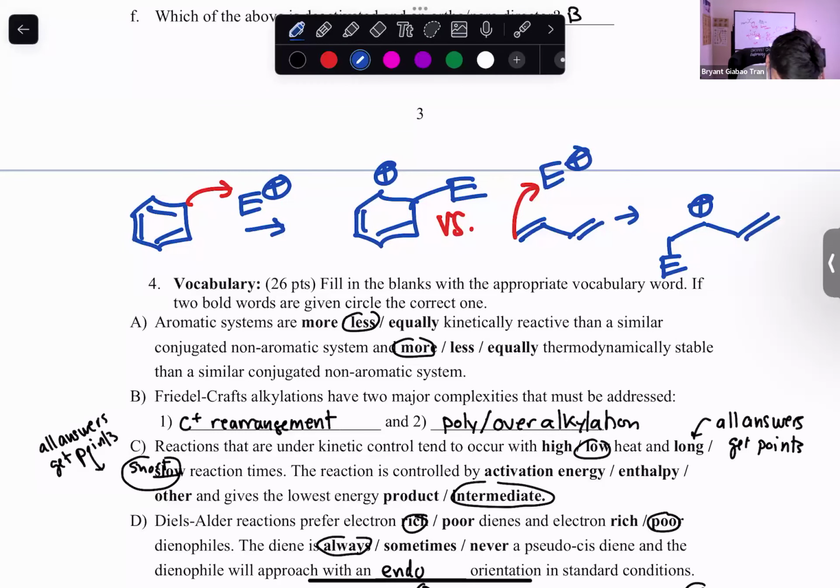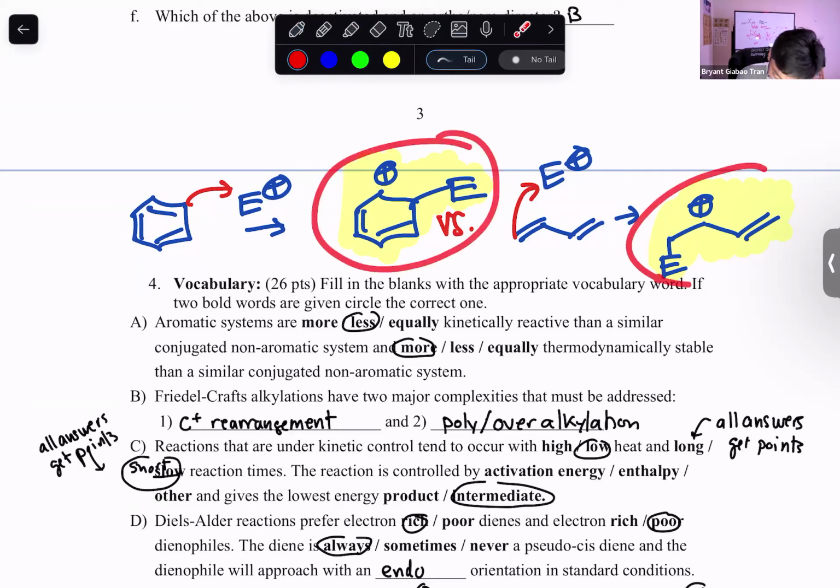They're asking which one of these intermediates are going to be easier to form? Would it be A or B, right?